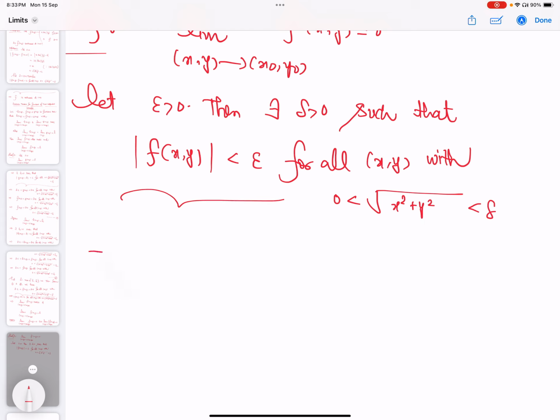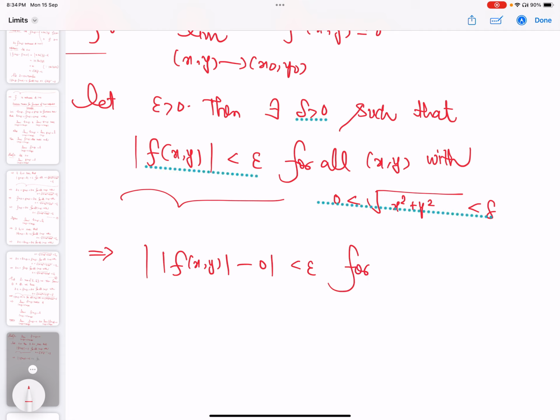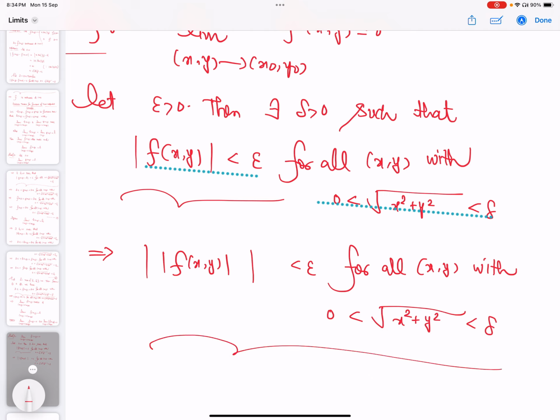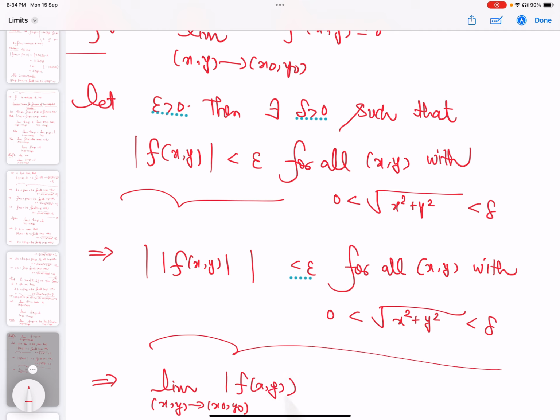So this part can be written as this also, for all (x,y) with x squared plus y squared less than delta. What is the meaning of this? This means the limit of the modulus of f(x,y) is equal to 0.